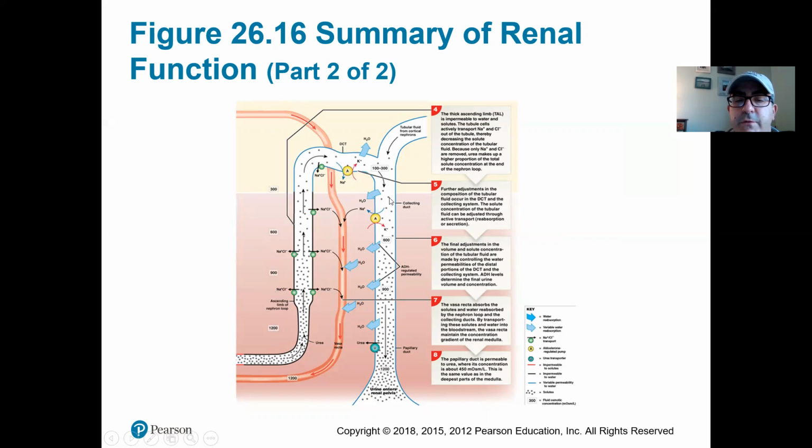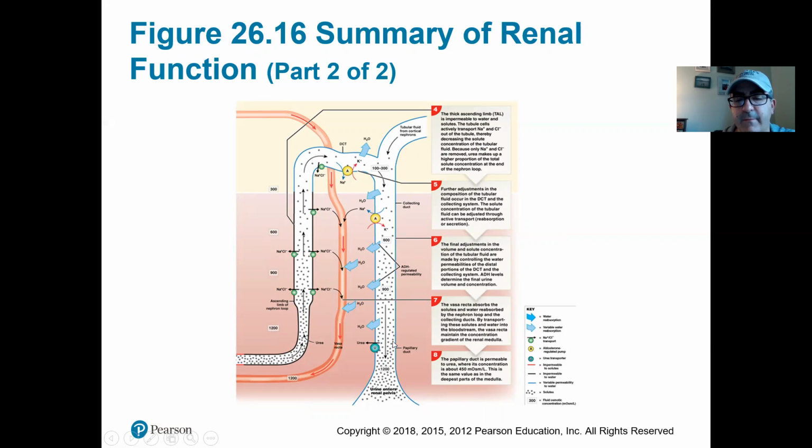Then that fluid is going to travel through the collecting duct, right? That's to travel down to the bladder. And as it's traveling through there, water is being taken out, right? Your body's making ADH, which is allowing water to get out of this collecting duct.